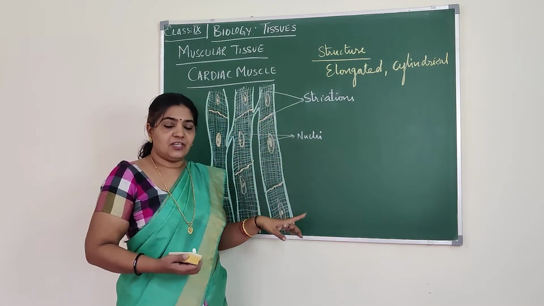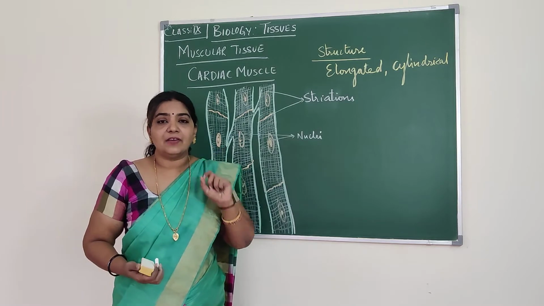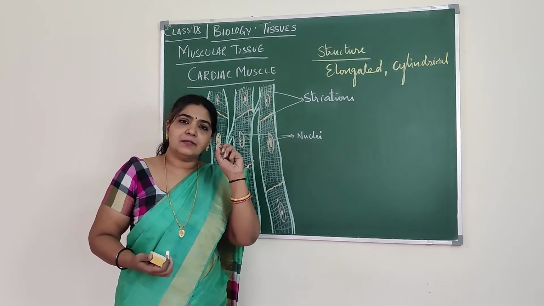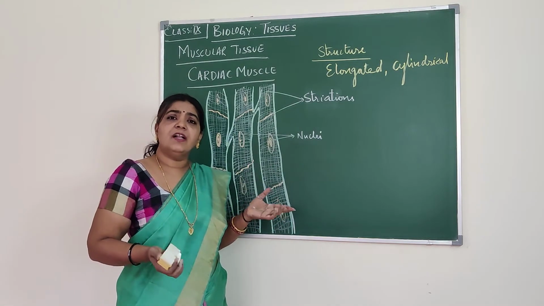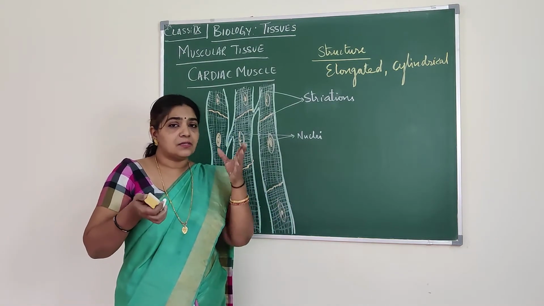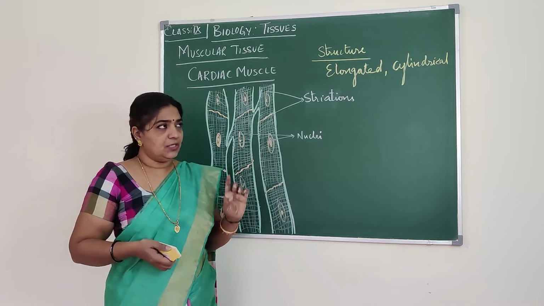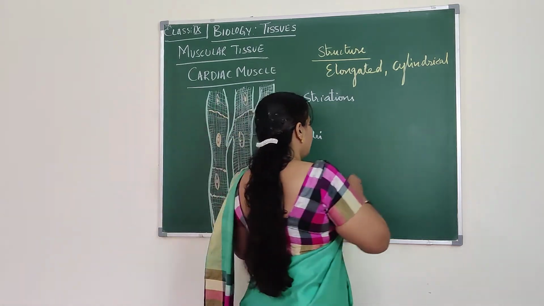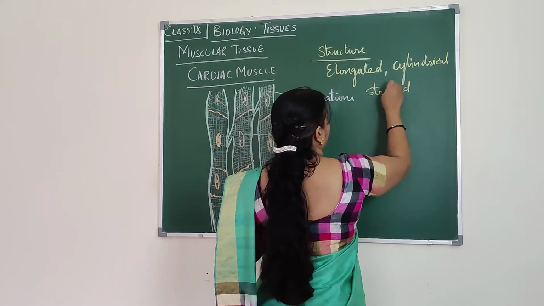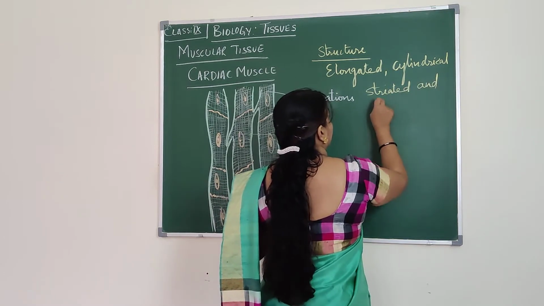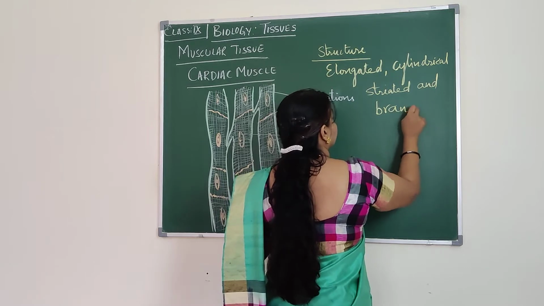It has striation, but the striation is not that very prominent. Mild striations are seen, whereas in striped muscle we see stronger stripes or striations. So it is striated, and it is branched.